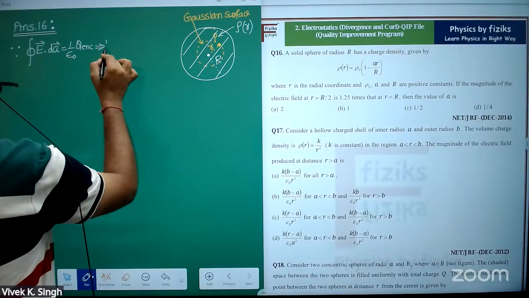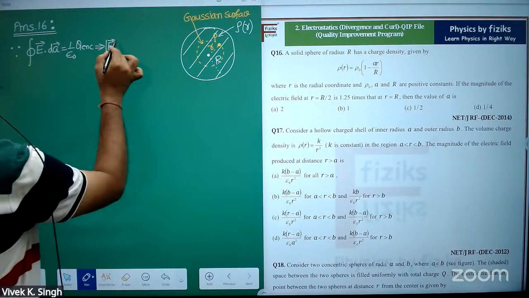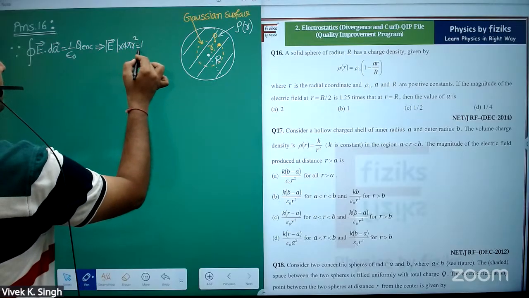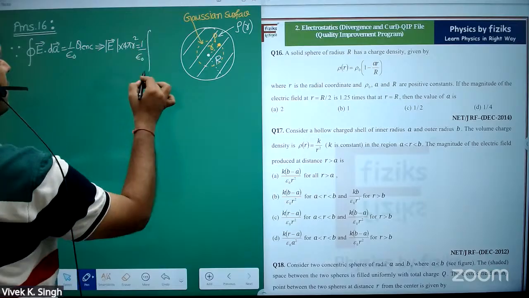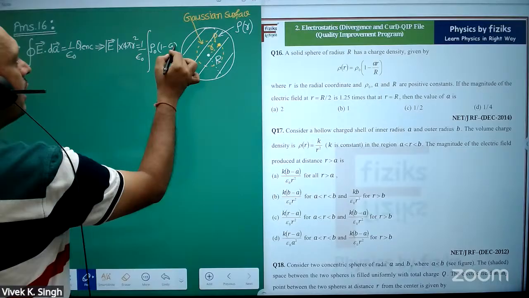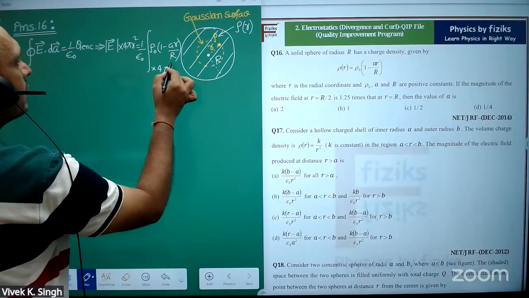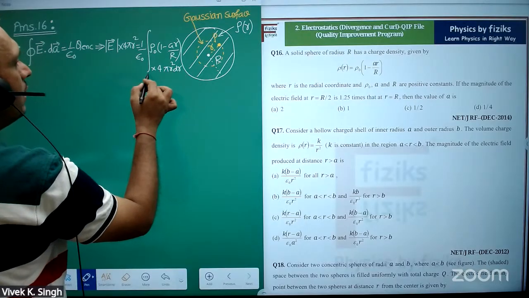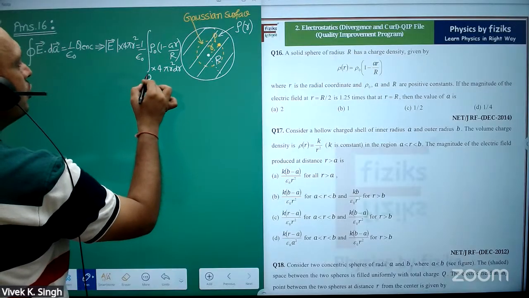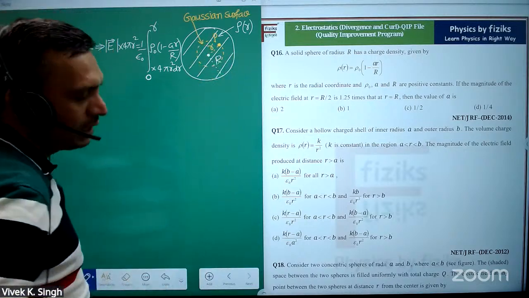At this point, the magnitude of field is mod E. In spherical symmetry, this is mod E into 4 pi r square, equal to 1 by epsilon naught times the integral of rho naught (1 minus a r by R) into 4 pi r square dr, from 0 to small r, because you have to find the charge enclosed within the Gaussian surface.